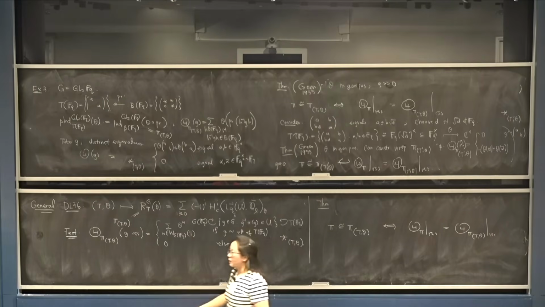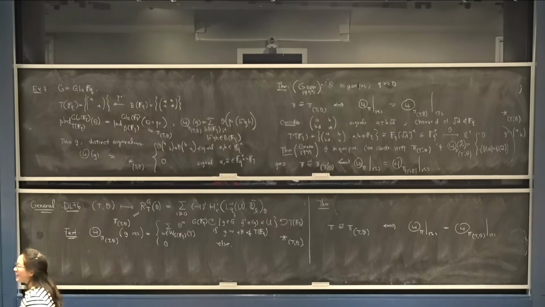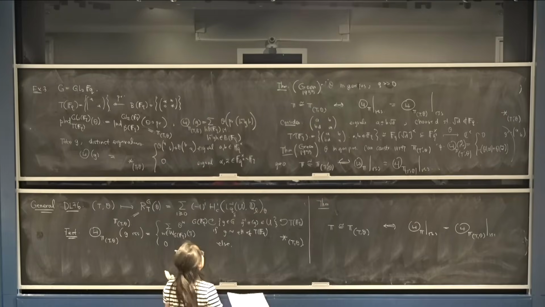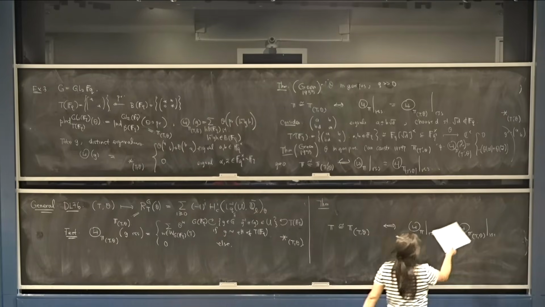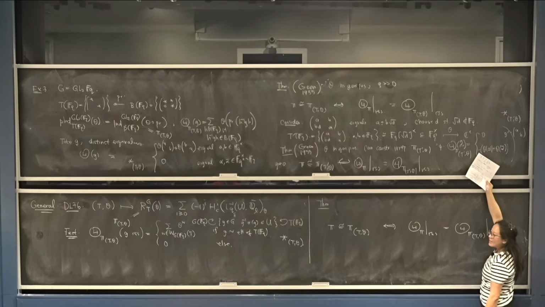Pi is virtual now. It's a virtual irreducible, so it's plus or minus irreducible. So that's why I was not too concerned with the fact that I had a minus sign over here.